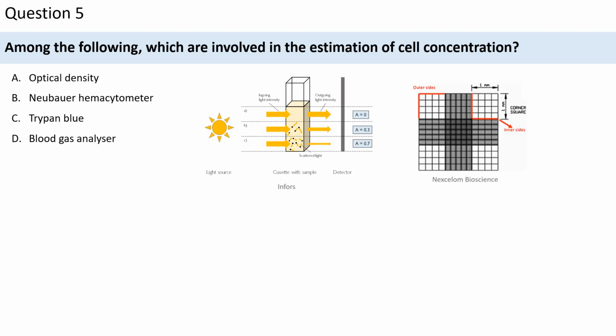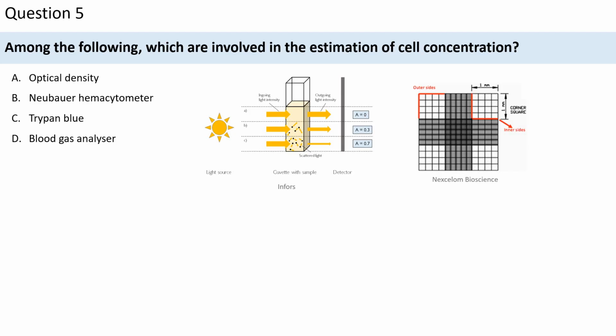What is given here is 0.3, 0.7. One thing is that optical density will not differentiate. It can just tell the total number of cells. It cannot differentiate the live cells and the dead cells. But we can know the total cell concentration with optical density. So yes, it is going to estimate the cell concentration.